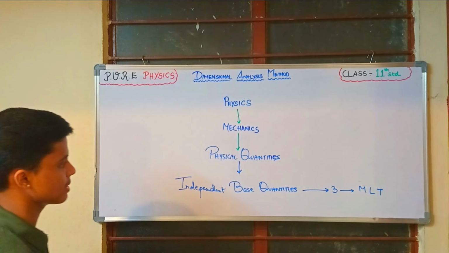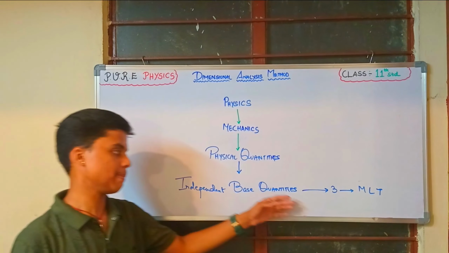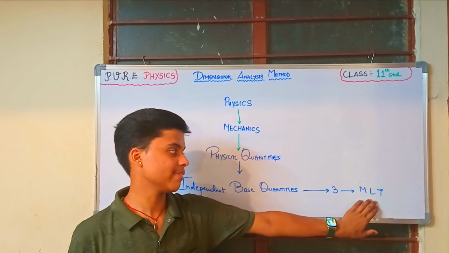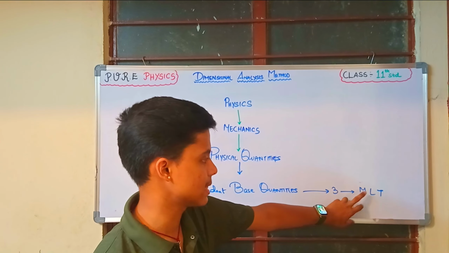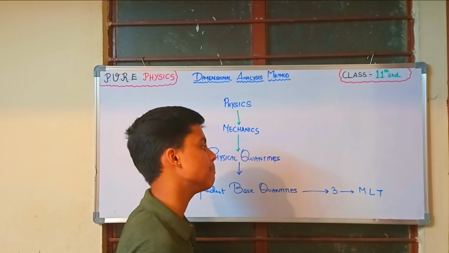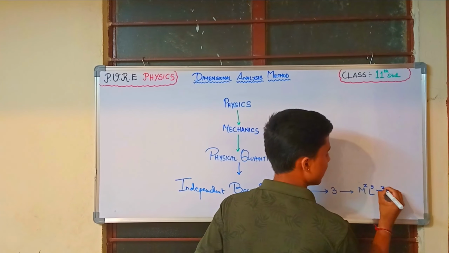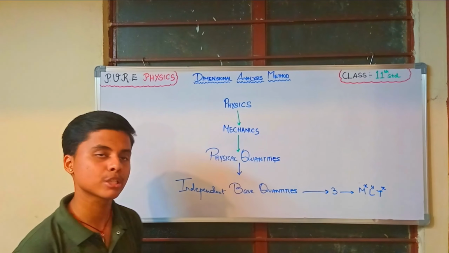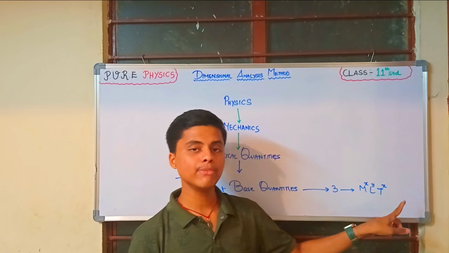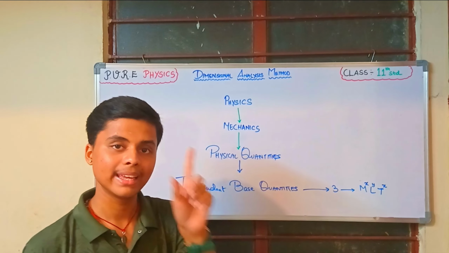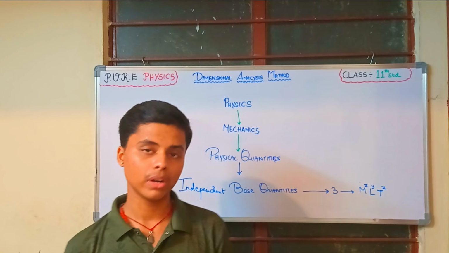Now, whatever physical quantities I have, I need to convert into independent base quantities, represented using M, L, T, and these M, L, T will have exponents x, y, z. The x, y, z are the exponents of the base quantities, and they will differ for each physical quantity.